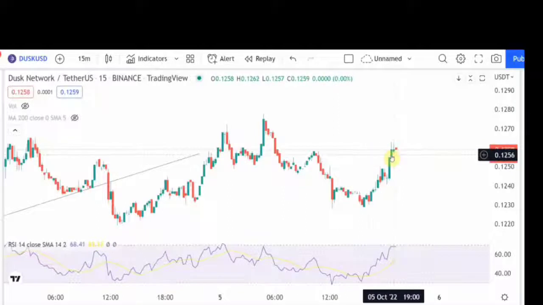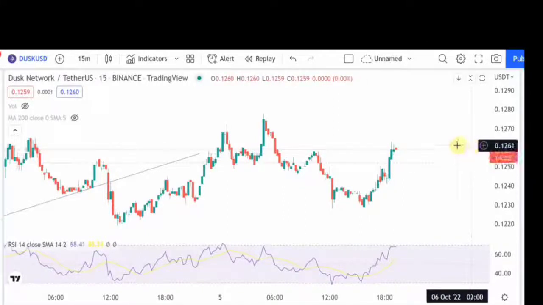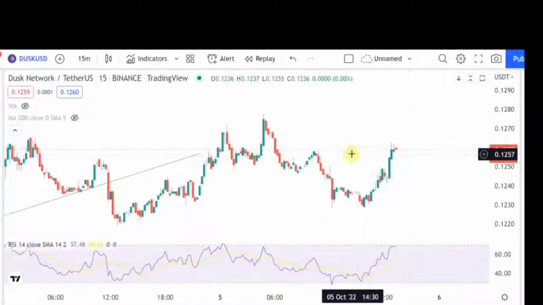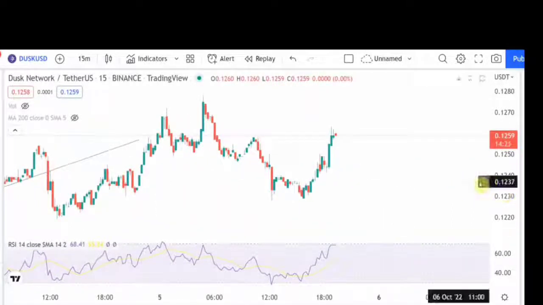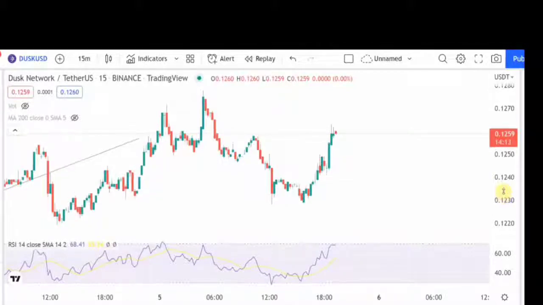We use it to measure the speed and magnitude of an asset's, a coin's, recent price changes, to evaluate the oversold and overbought conditions in the price of that asset. So particularly, what we use RSI for is to evaluate the oversold and overbought regions of a particular crypto asset, and that's what RSI is all about.